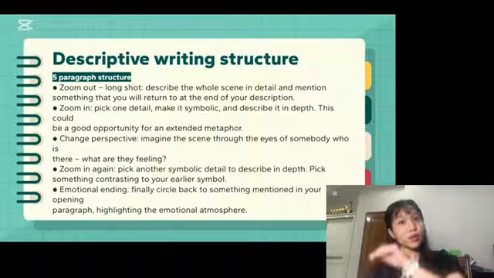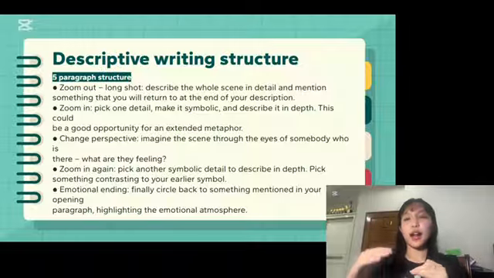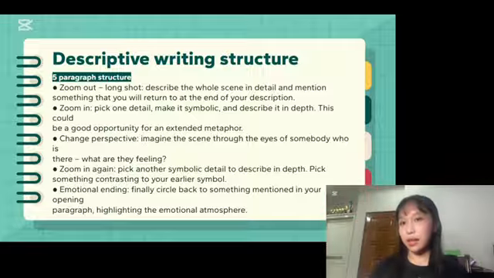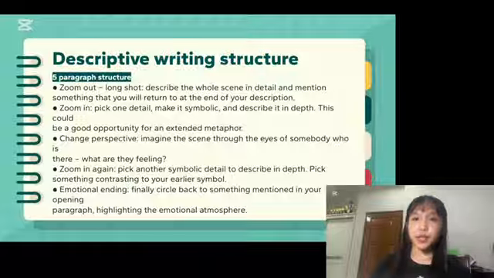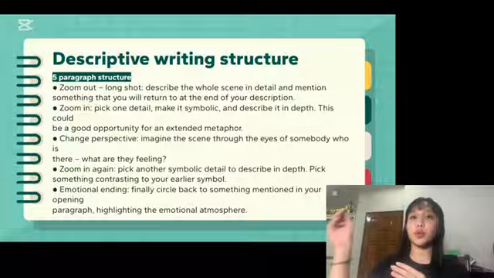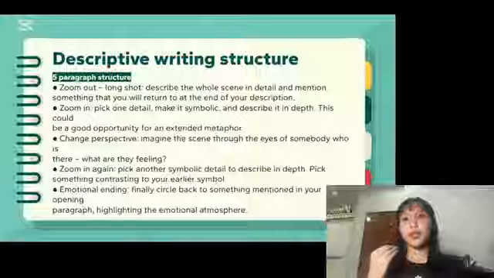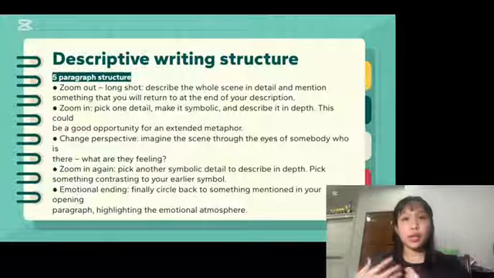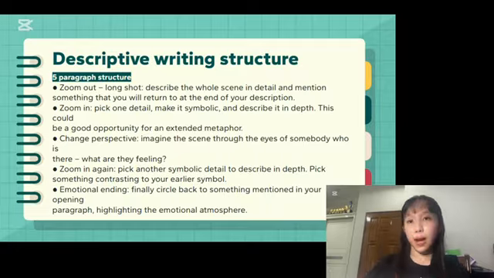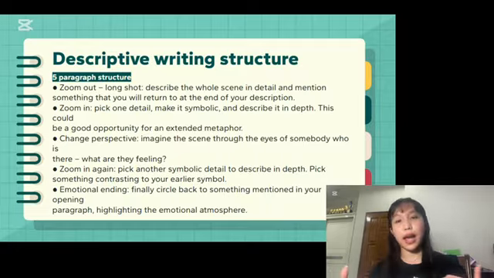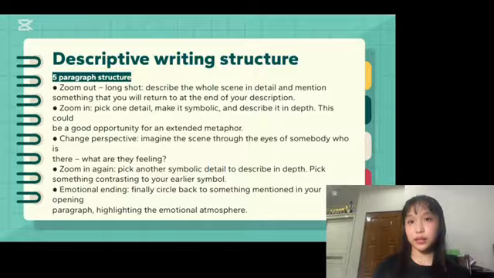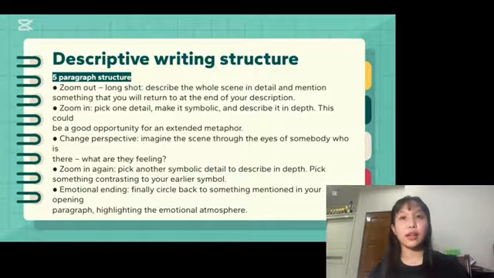Now I'm going to circle back and describe the moon instead. It's going to be a sunset now at the same park. By returning to a recurring image, it's going to bring a sense of unity and harmony, and it's going to show the examiner that I really thought about the structure and how to write it effectively. So that's going to help you gain higher marks.